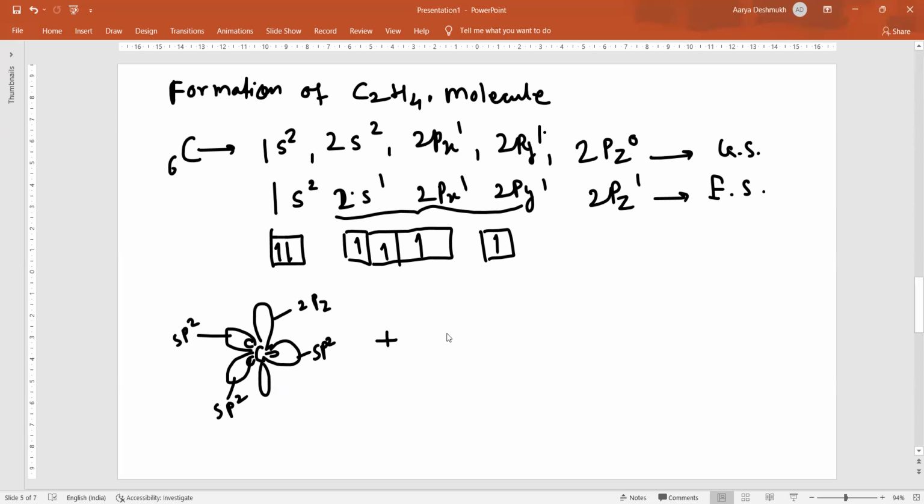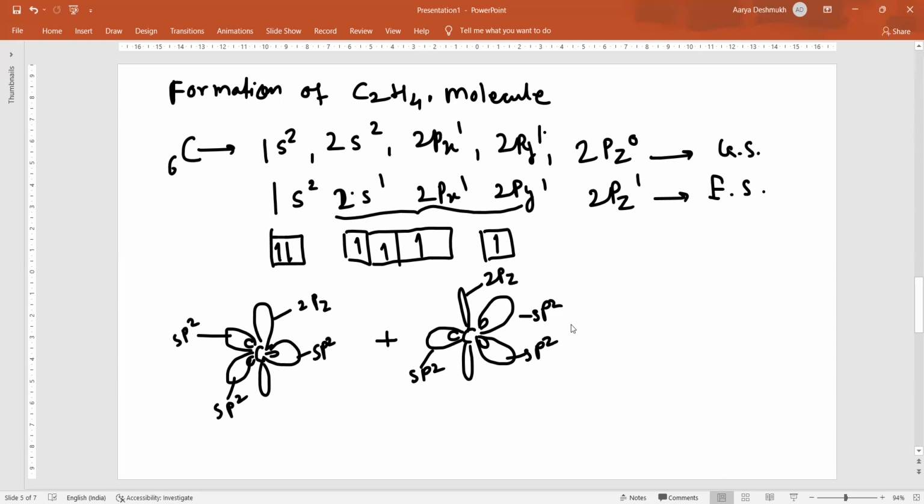For the other carbon atom it will be the same: three sp2 hybrid orbitals and the unhybridized 2pz orbital.